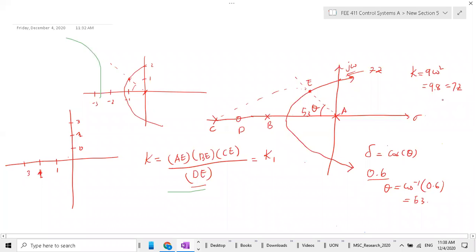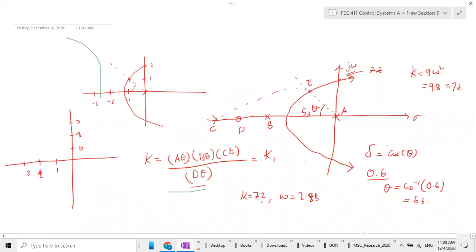Yeah, makes sense. And then another clarification I wanted was, at that same point, do you also have the frequency that we calculated? Yes. At this point, at k equals 72, you'll have omega equals what? It was 2.83.